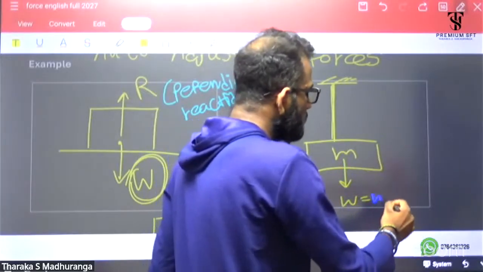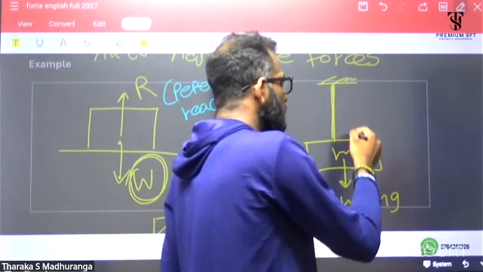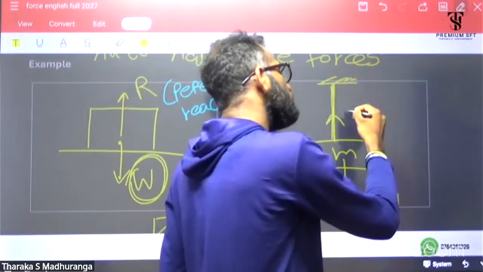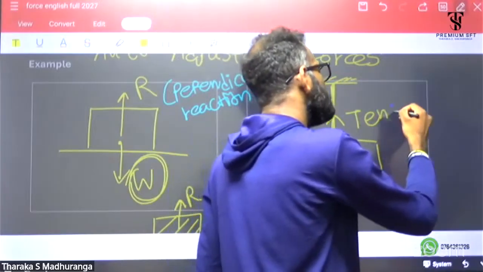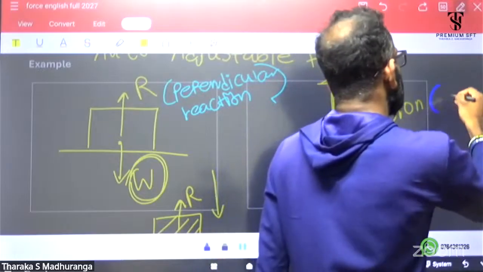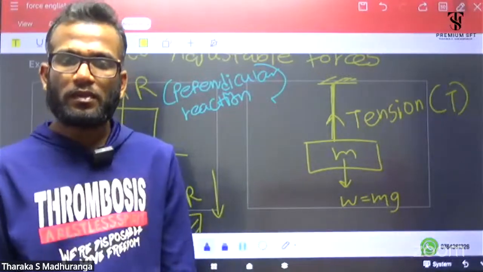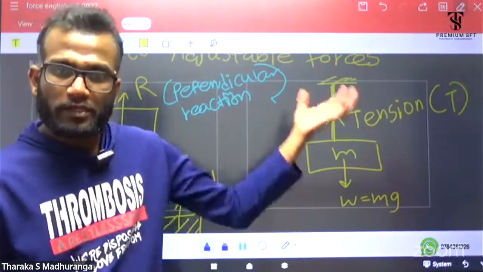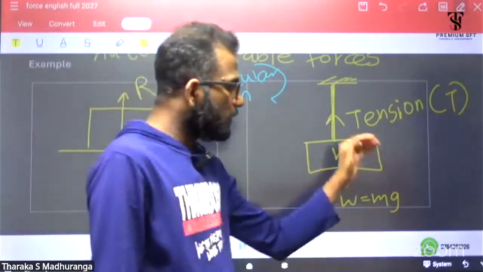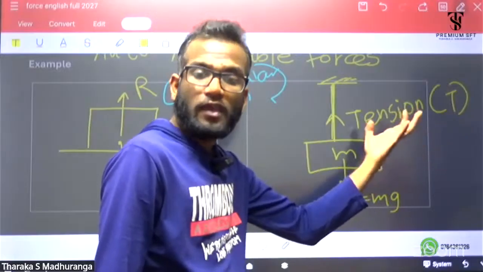Weight equals mg. There is another force acting in the opposite direction that we call tension, the tension on the string, capital T. The tension is also an auto-adjustable force. With weight increase, tension increases and gets the same value.